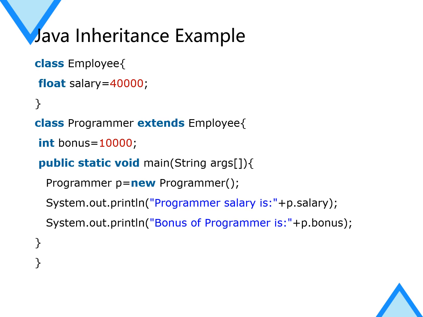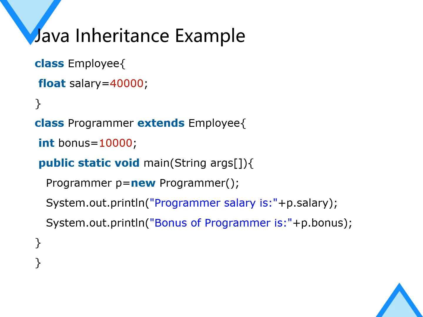Now we are going to extend the employee class. So we are going to declare another subclass. The name of the class is programmer. So here we use the keyword class to declare a class programmer, and naturally we are extending the employee class.